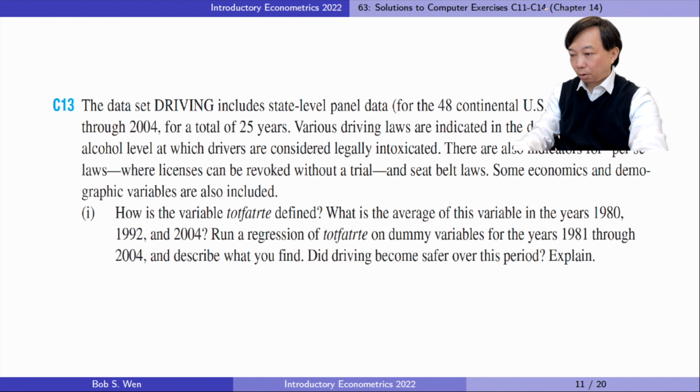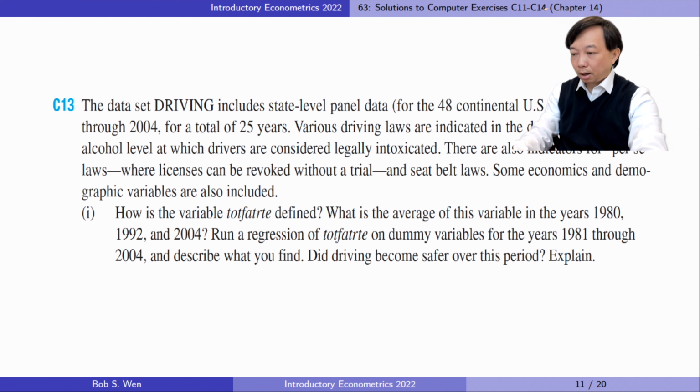Various driving laws are indicated in the dataset, including the alcohol level at which drivers are considered legally intoxicated. There were also indicators for per se laws, where licenses can be revoked without a trial, and seatbelt laws. Some economic and demographic variables are also included.